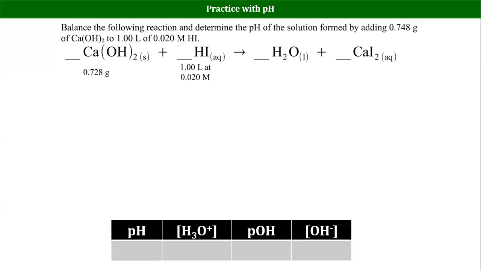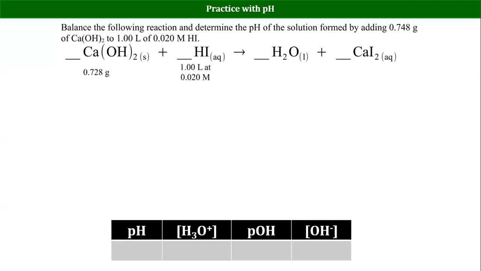So if we have 0.0200 moles of HI and we're using up 0.0197, we get 0.0003 moles HI left.